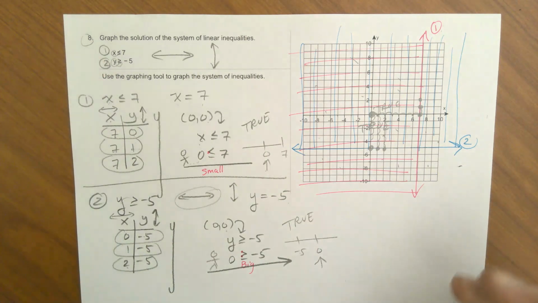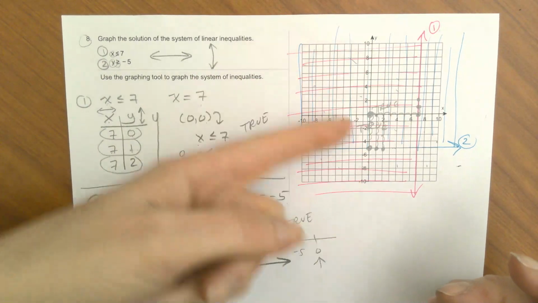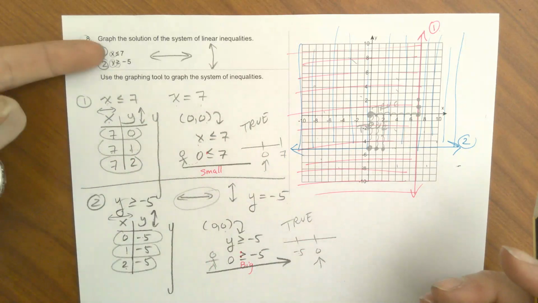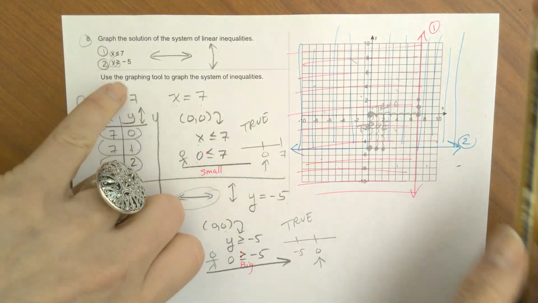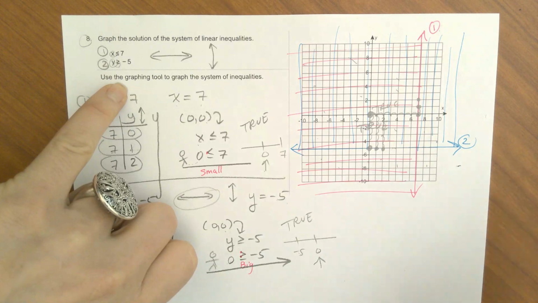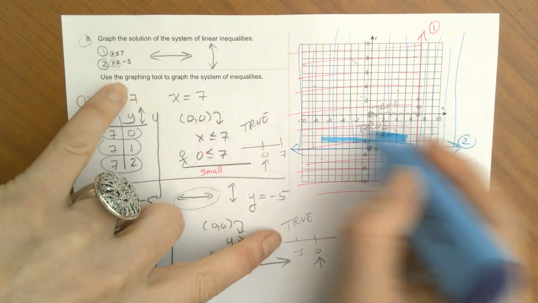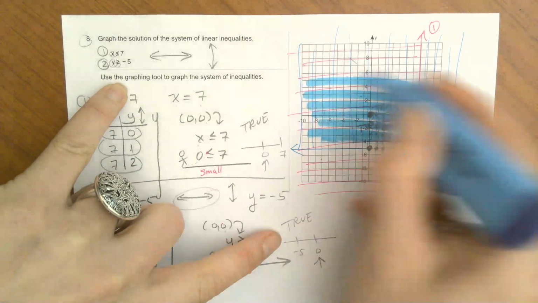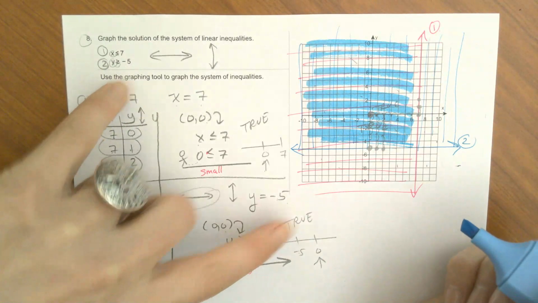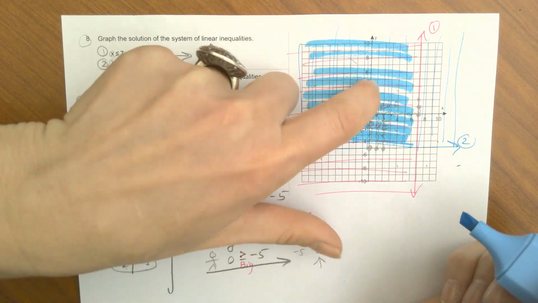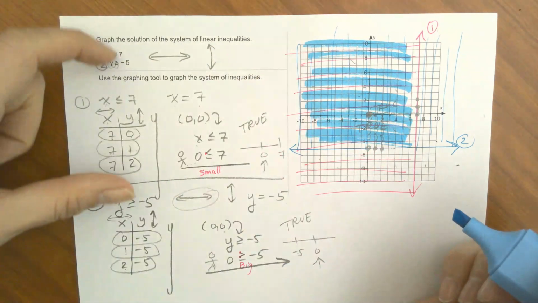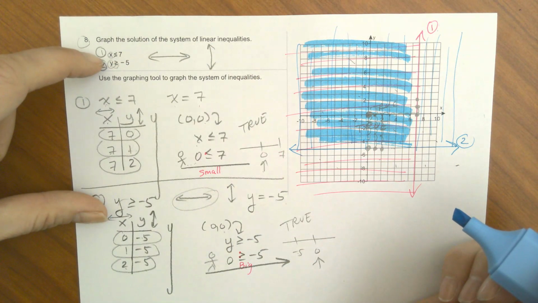The game is just to find the area that has the points that make both of these true. Is it a fun game? No, it's rather boring, but it's useful sometimes. So I'm just going to color this area blue, because this is the solution set. All of these points make both of these inequalities true. Okay?